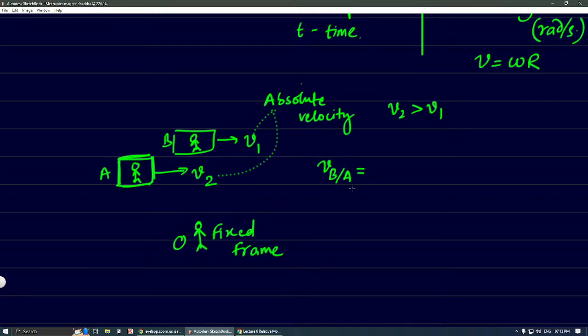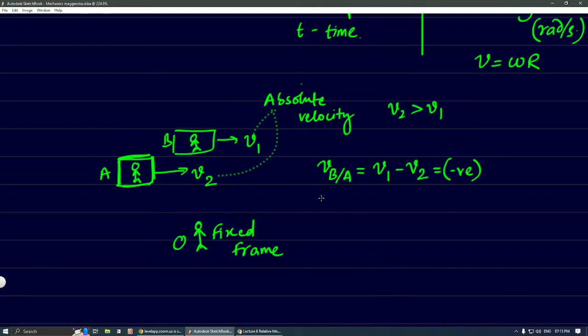And what will that velocity be? That velocity will be V1 minus V2. Since V2 is greater, we will get a negative value, and because of that, B appears to be moving backwards.